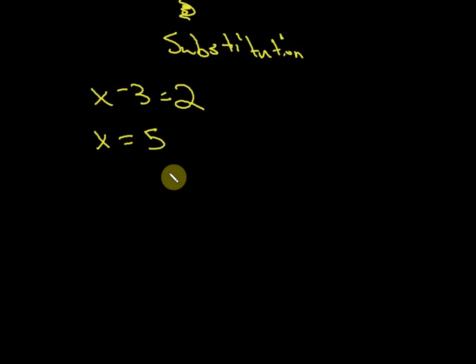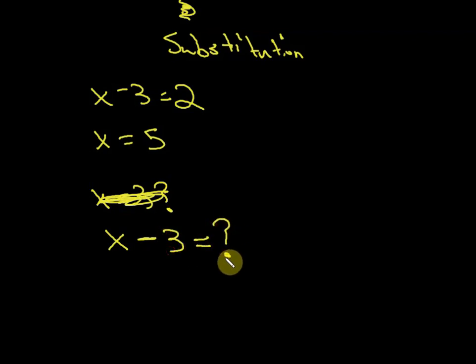What if I said this? What if I did the complete opposite way? What if I did this? X minus 3 is equal to what when x is equal to 5?